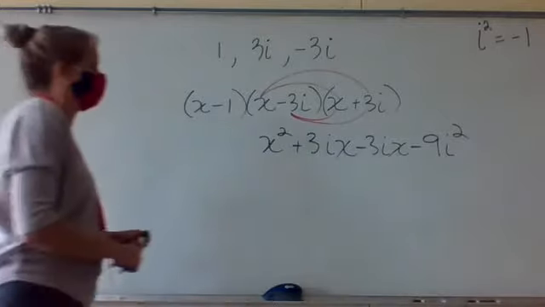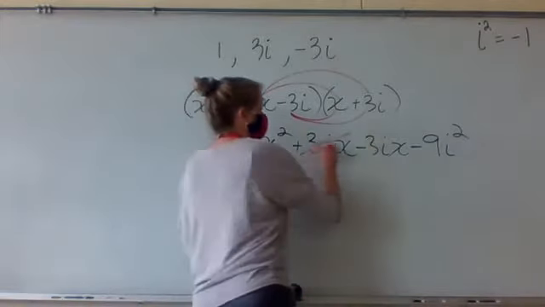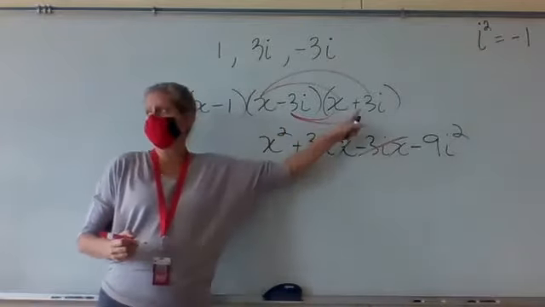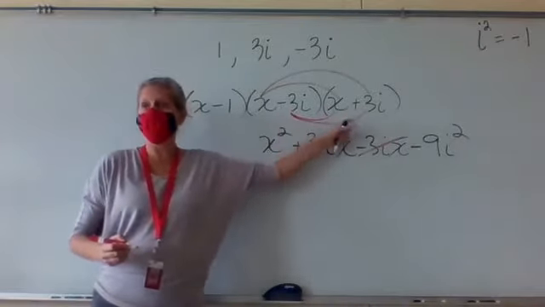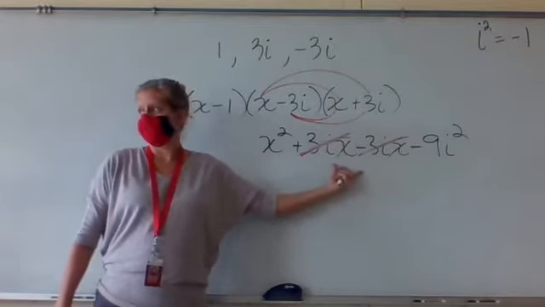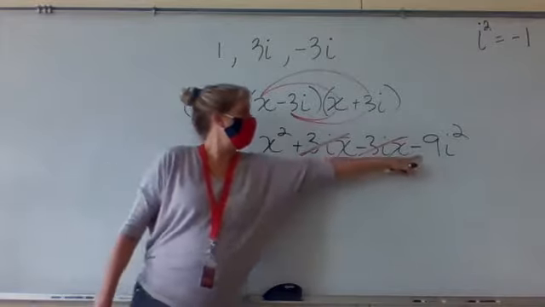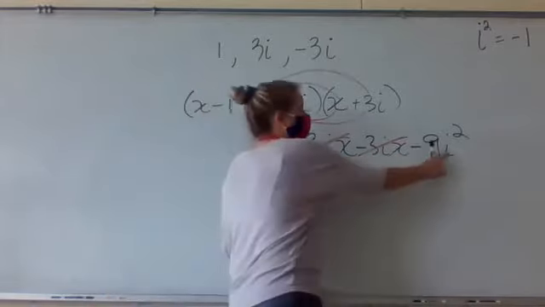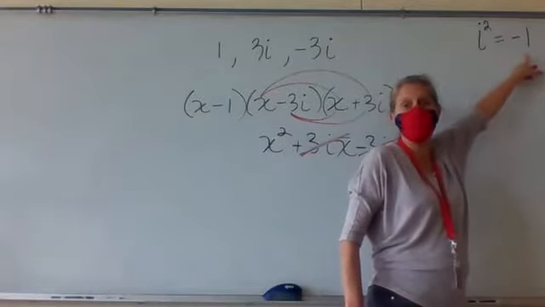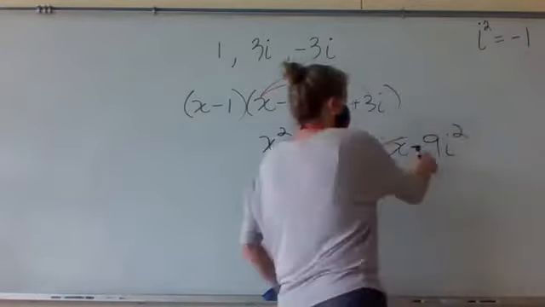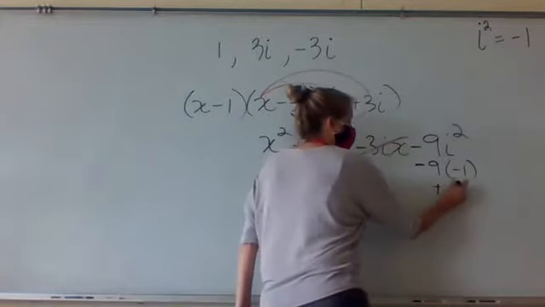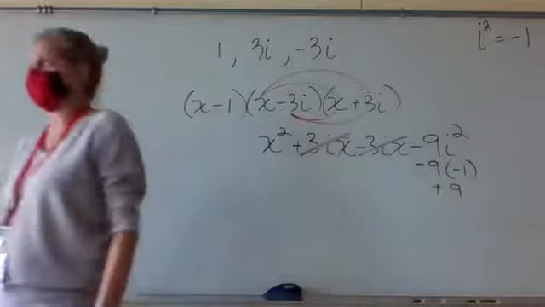What happens to your middle two terms? They just cancel each other out, right? If your binomials are conjugates of each other, like these two are, that's going to happen 100% of the time. What does this turn into? What is i squared equal to? Anytime I see i squared, I have to change it to -1. So this right here really says -9 times -1, which makes it +9.